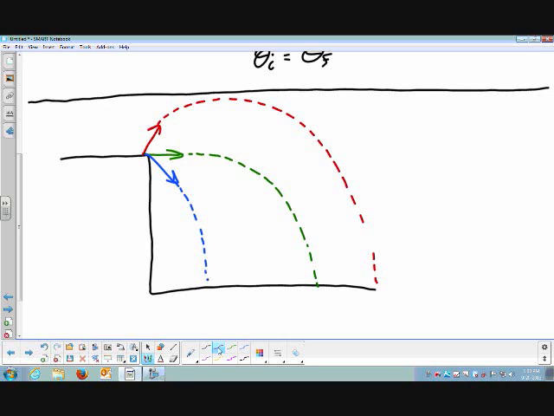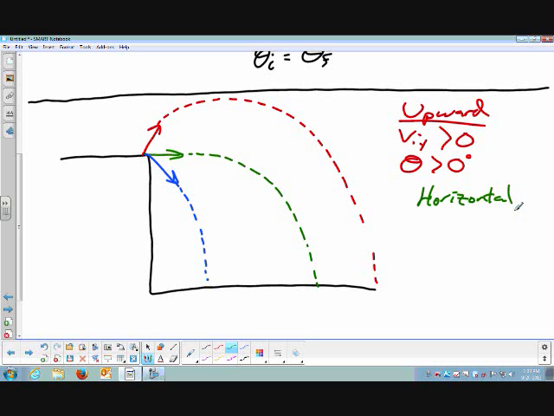Now, if we throw it upward, my initial velocity in the y direction is going to be positive. I might also reference that I have a positive throwing angle. If I throw it horizontally, my initial velocity in the y direction is 0.